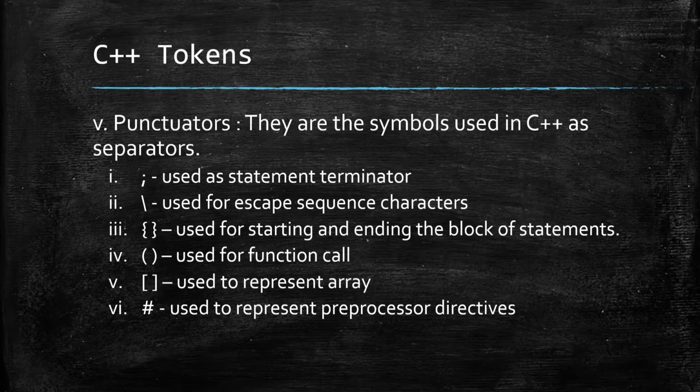And next is your hash symbol. It is used to represent preprocessor directives. If you see our programming structure, you write hash include iostream.h in angular brackets. So in order to access that particular header file, you use this hash symbol. Fine. So now what is a header file?